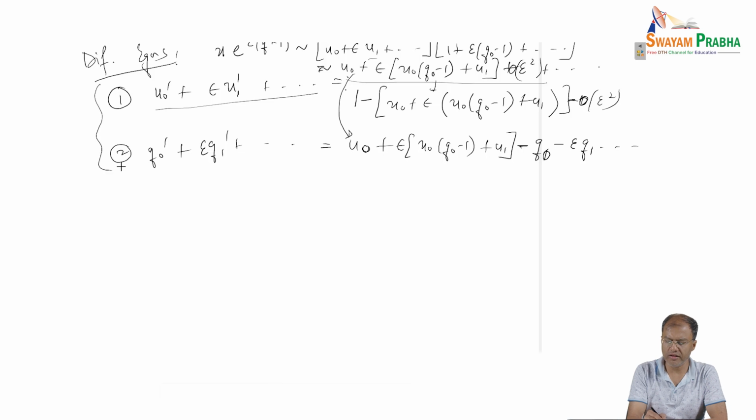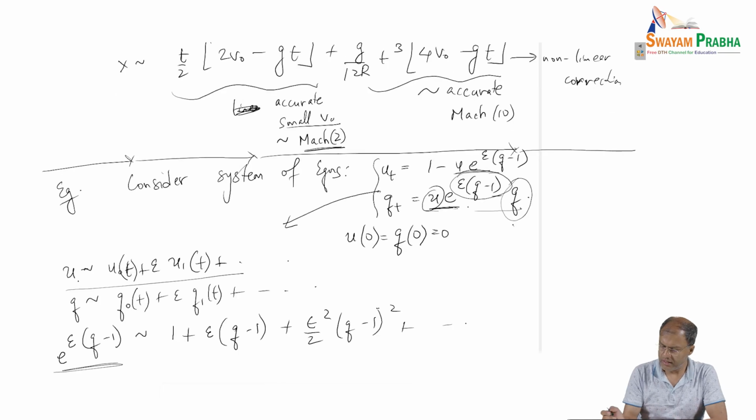Again, this is my differential equation. Similarly we can look at the initial condition. The initial condition is u0 equal to q0 equal to 0, which means all the ui's, u naught, u1, u2, and all the qi's, q naught, q1, q2, are 0 at t equal to 0.